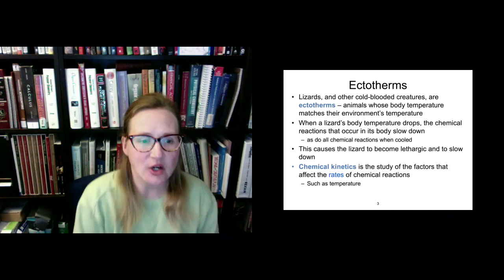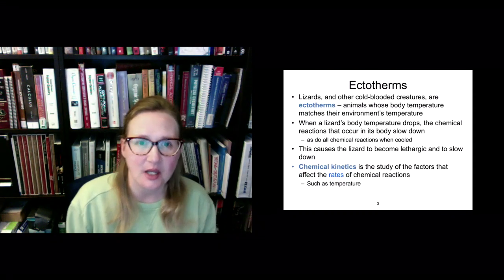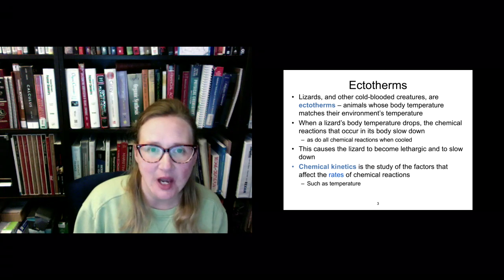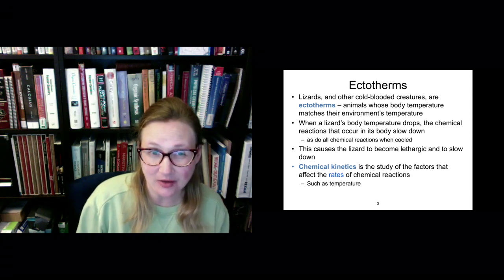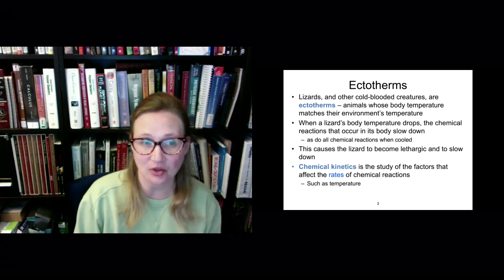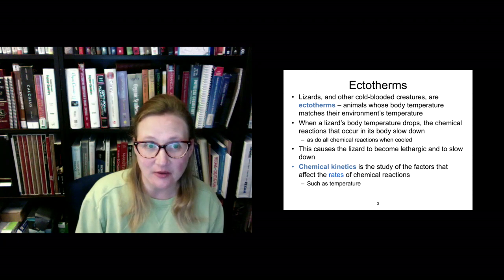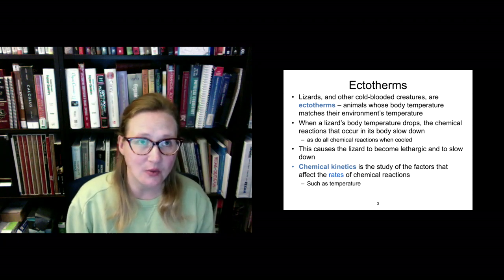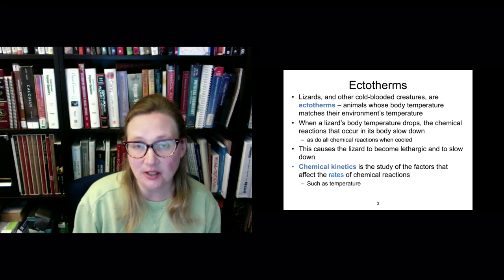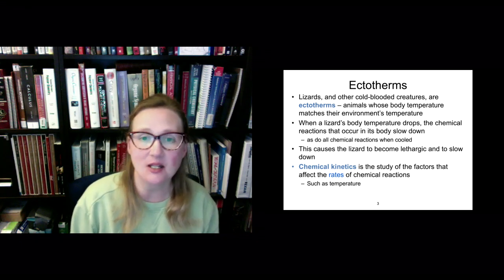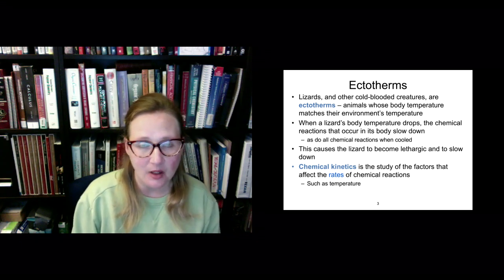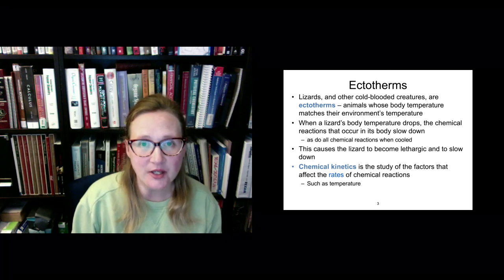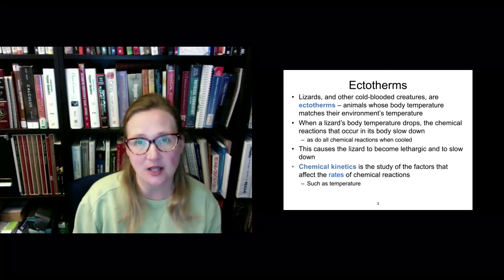All right, so let's talk about reaction rates. I want to bring up this idea of the ectotherm. Ectotherms are cold-blooded creatures. You can think of the lizard family here. They're cold-blooded, so what that means is that their internal temperature matches the outside environment. One thing that we're going to learn later on is that in chemical kinetics, the temperature really affects the rates of reaction.